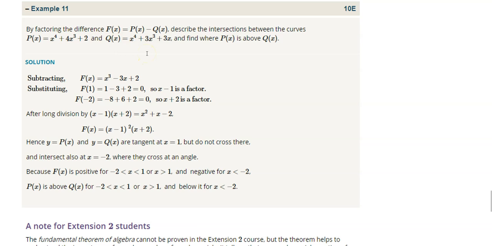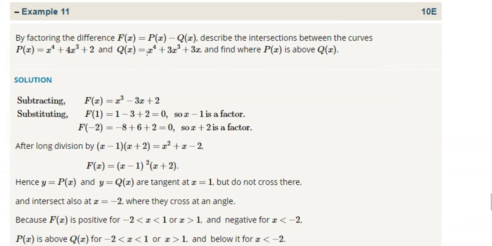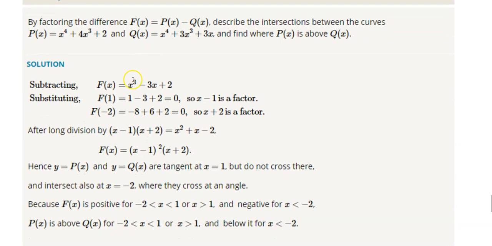So we can actually do the subtraction there, and if you minus one from the other, obviously that's a polynomial of degree 4, but you've got 2 polynomials of degree 4 subtracting from each other, which can result in a polynomial of either degree 4 or less, because the x to the 4 terms can disappear, and in this case they did. We've got f of x, so it's x cubed minus 3x plus 2.